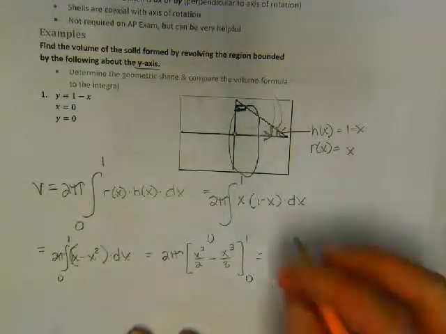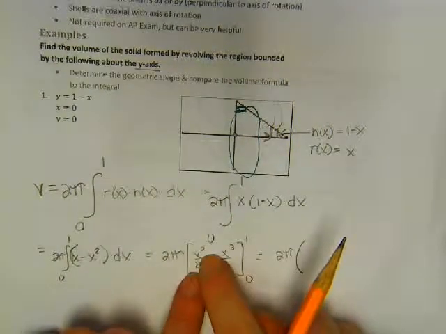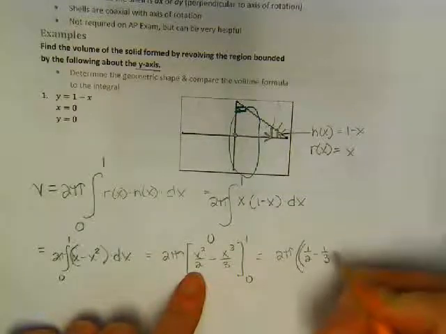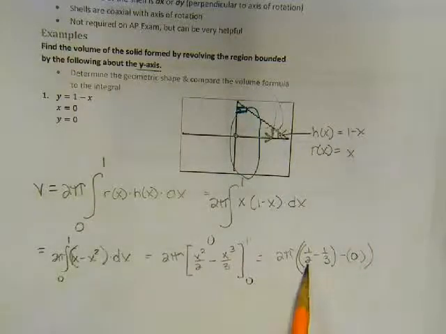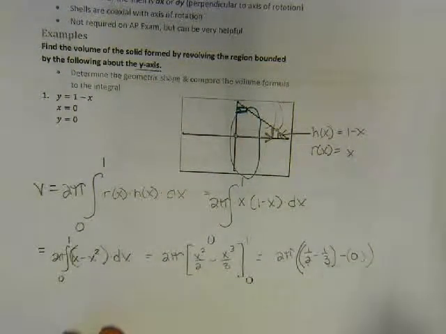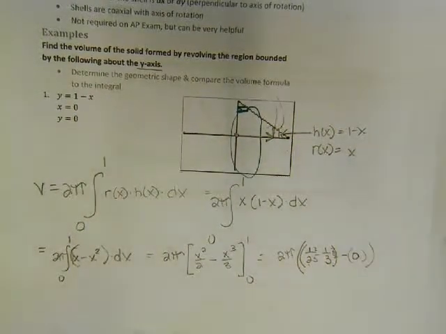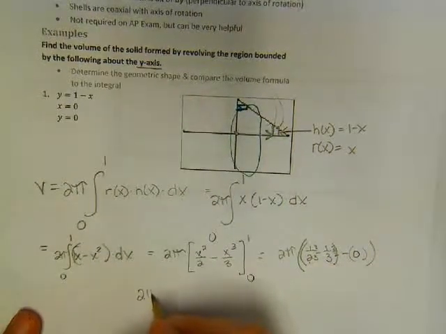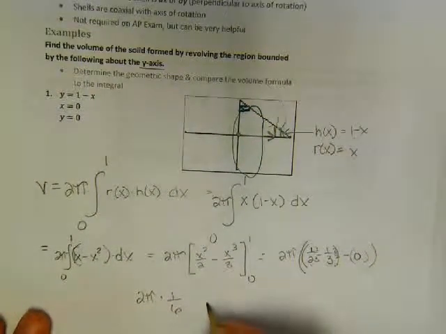Then if I put a 1 in, this would be 1/2 minus 1/3. And then this is minus 0, isn't it? Okay. Common denominator, if I multiplied this by 3 over 3 and 2 over 2, I have 1/6 left. So 2 pi times 1/6 is pi over 3.